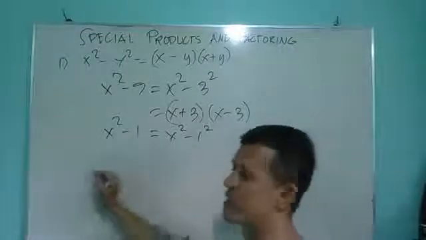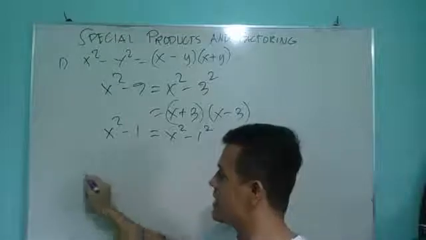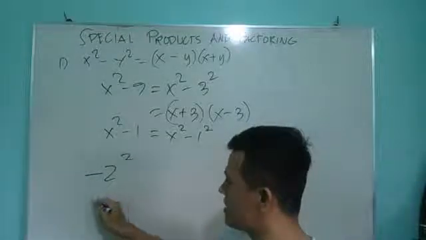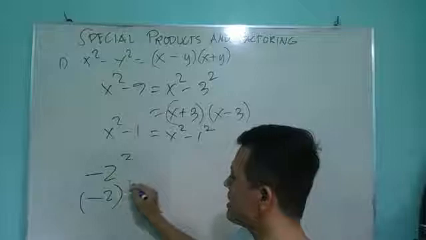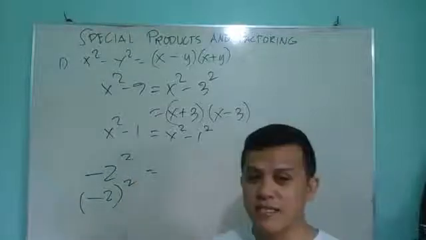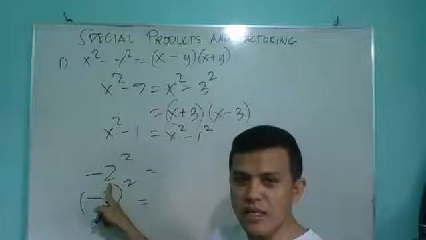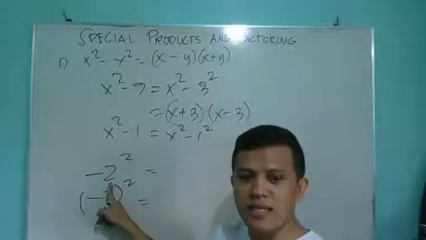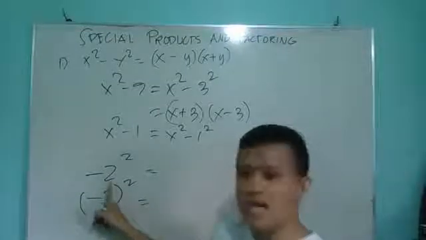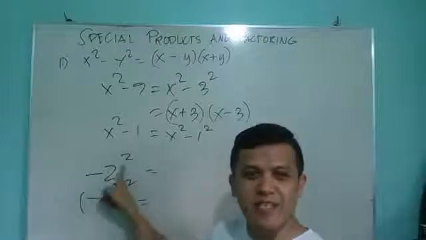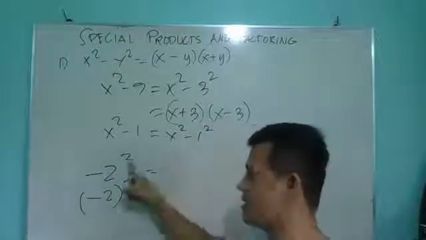Don't be confused. Some of the questions are like negative 2 squared and negative 2 in parentheses squared. What's the difference? Remember that the negative is not included in expressing the base into its exponent.